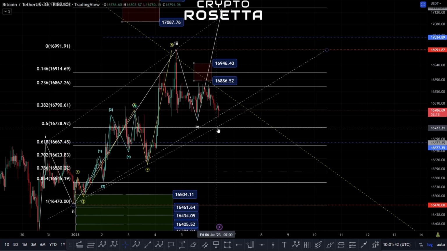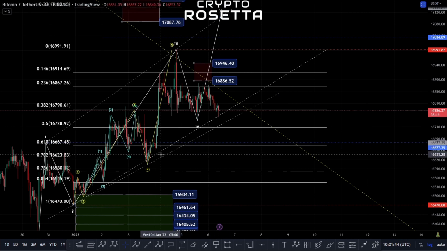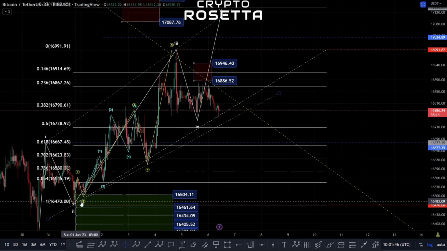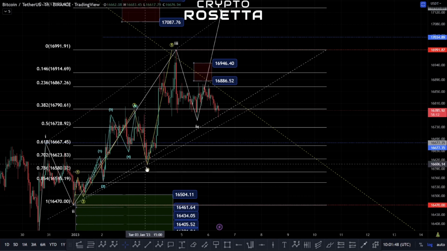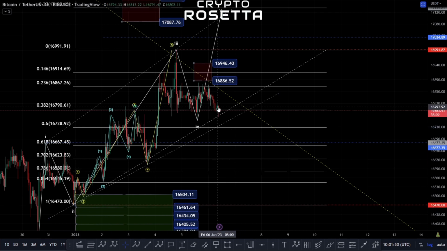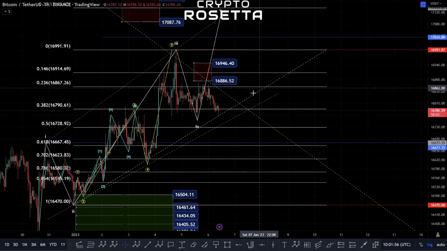This does line up quite nicely with this previous channel line. With this channel line, I've only got two touch points, so it's not confirmed yet, but it is possible that we could see a move down to this and actually look to confirm this support zone as a diagonal support. So that is one of the things that we are looking for.